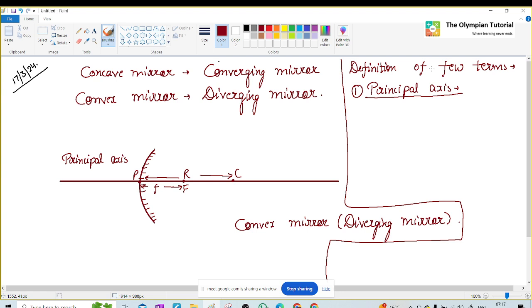Line joining the pole and the center of curvature of the spherical mirror is called principal axis. Write the spelling of curvature correctly, students.